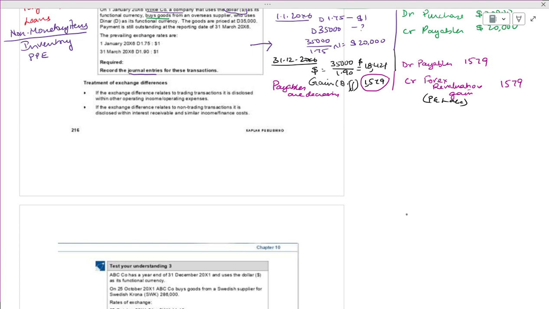Treatment of exchange differences. If the exchange difference relates to a trading transaction, any buying and selling, then it is disclosed in operating income or operating expenses.